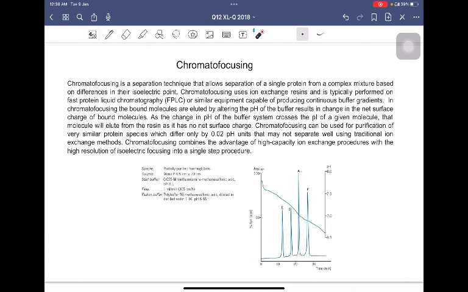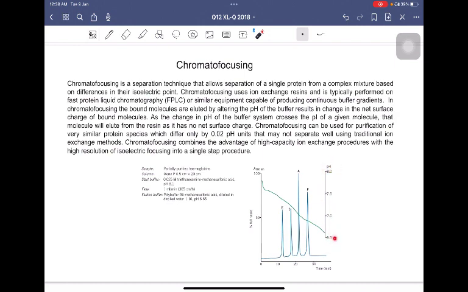So what we do is decrease the pH of the buffer. And if we decrease the pH of the buffer, that means we increase the H plus ion concentration, right? So by decreasing the pH of the buffer, we can see here that we start with pH 8.